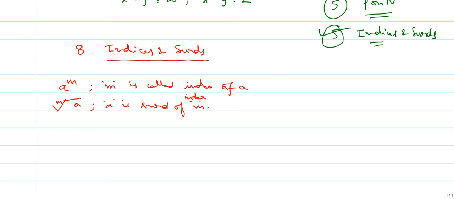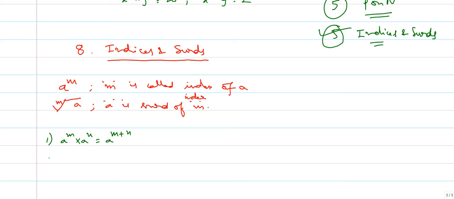Based on these things, we have some laws. Let us discuss those laws so that we can finish off this topic. Laws of indices. The first law is a power m into a power n is equal to a power m plus n.